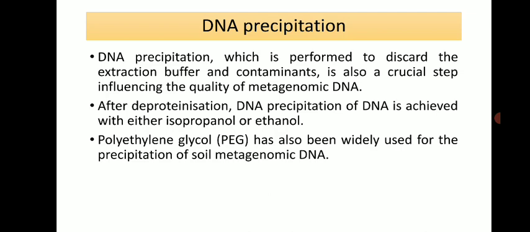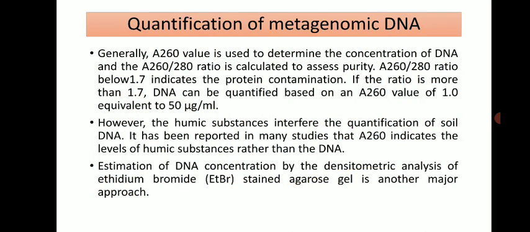After deproteinization, precipitation of DNA is achieved with either isopropanol or ethanol based methods, and sometimes polyethylene glycol (PEG) has also been widely used for precipitation of soil metagenomic DNA. So solvent based as well as polyethylene glycol based precipitation methods are commonly used.